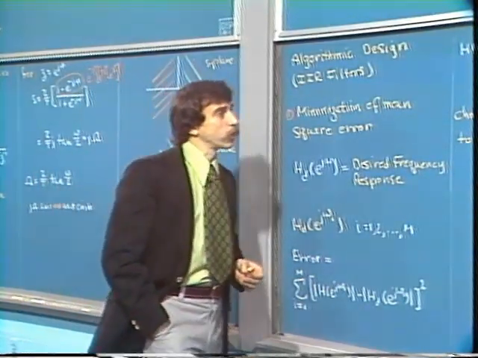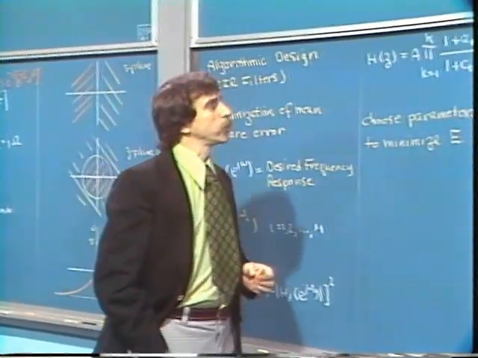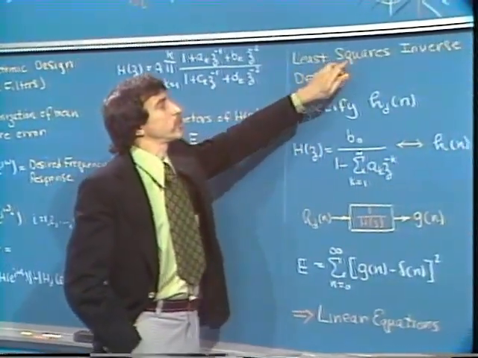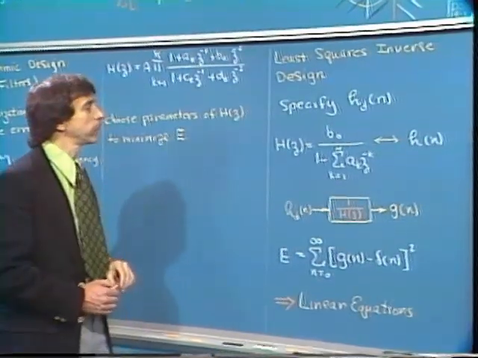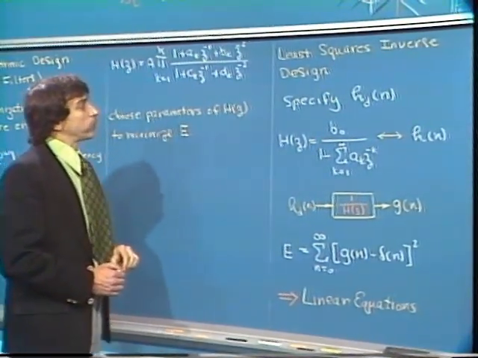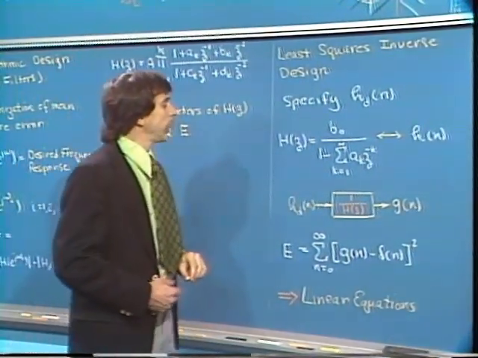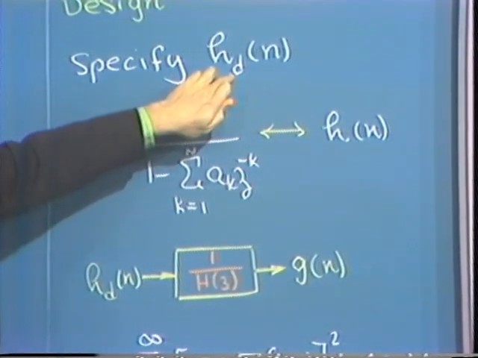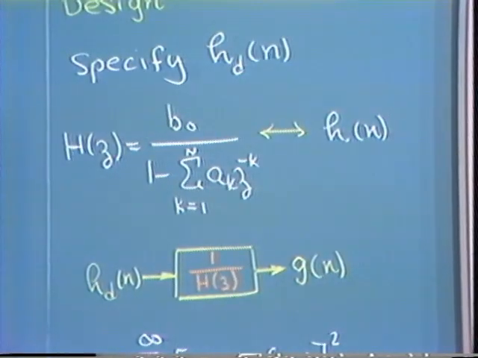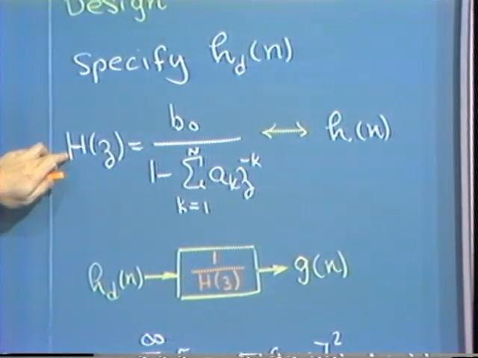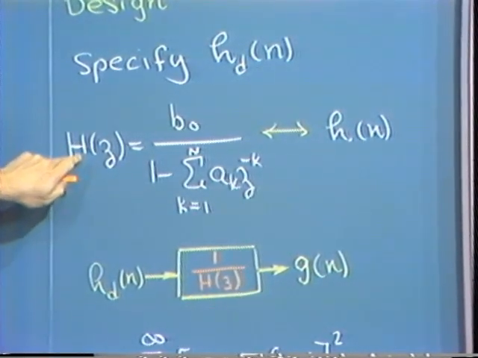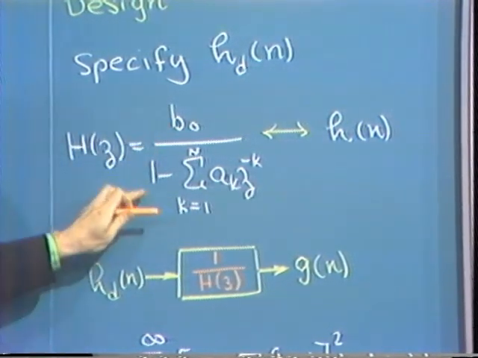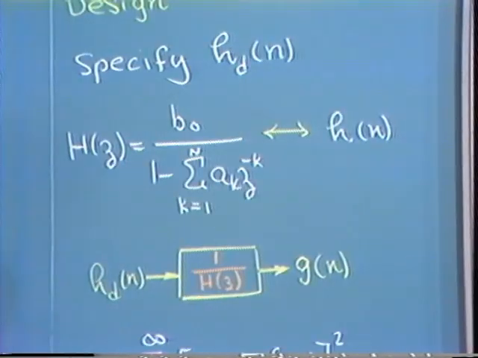Well, there's an alternative to that, which is a method commonly referred to as least squares inverse design. In that design procedure, we can imagine specifying a desired impulse response. In this case, we restrict the filter transfer function to have no zeros and only poles.